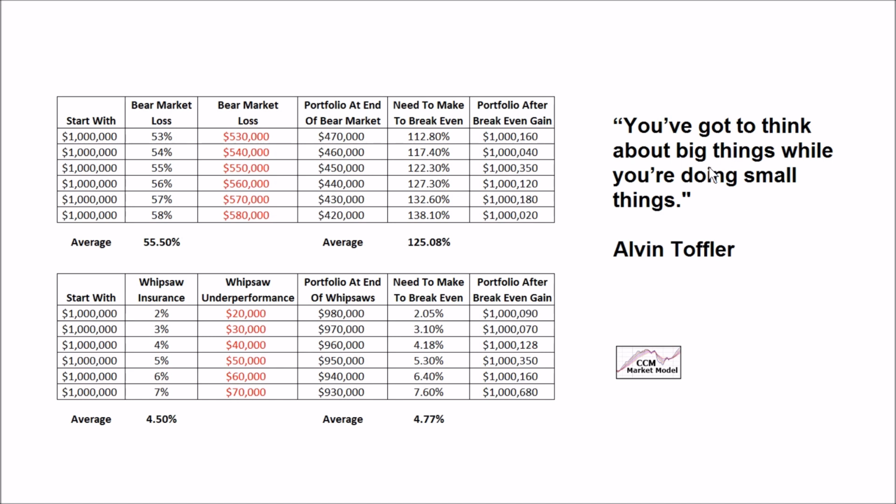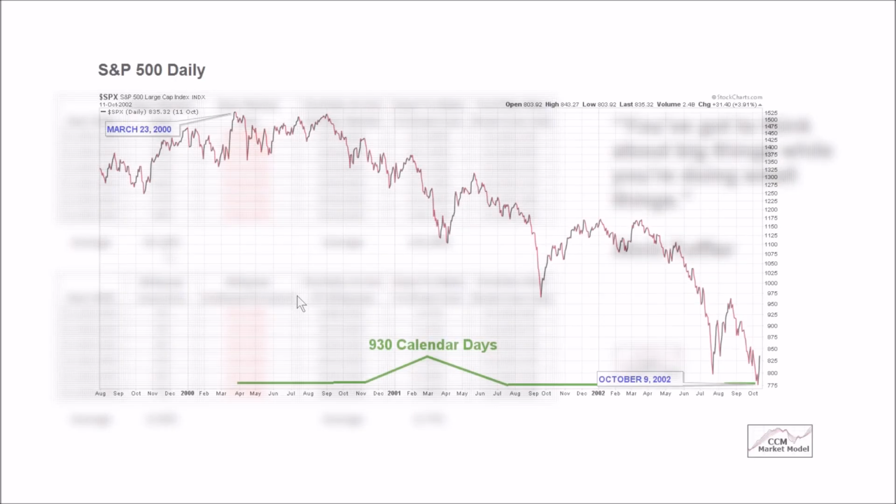This quote helps us put the whipsaw insurance and relatively small percentages of underperformance during difficult periods in perspective of the full cycle. This looks a lot more palatable in the context of this.